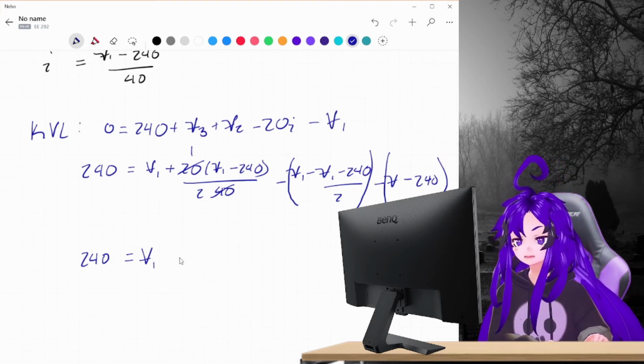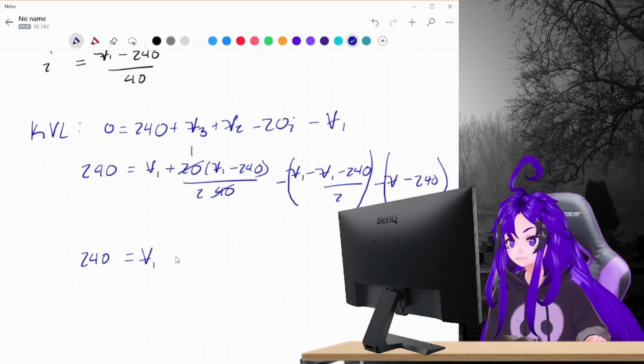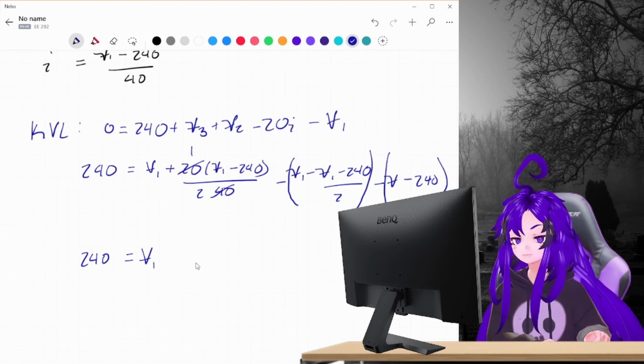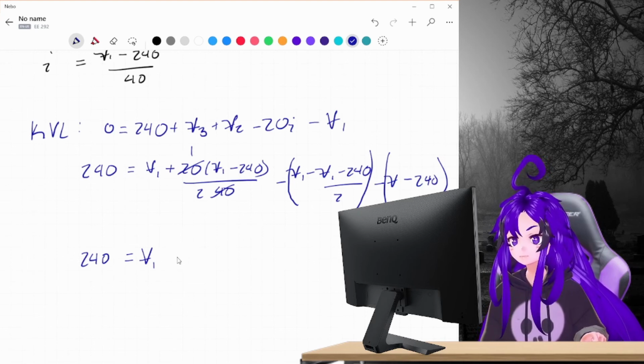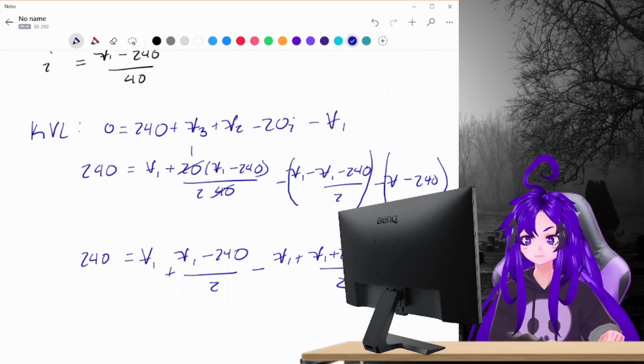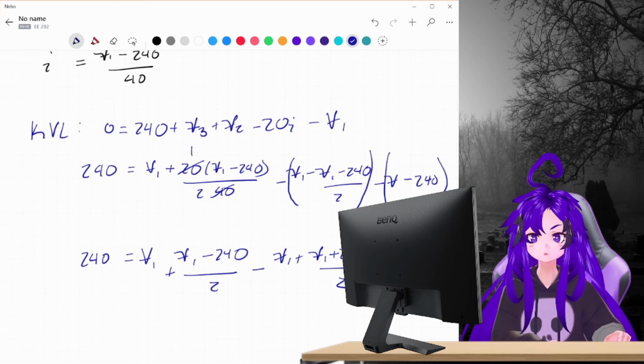I, however, am going to do this small brain style and do it by hand. Anyway, V1 minus 240 over 2 is plus minus V1 plus V1 plus 240 over 2 minus V1 plus 240.